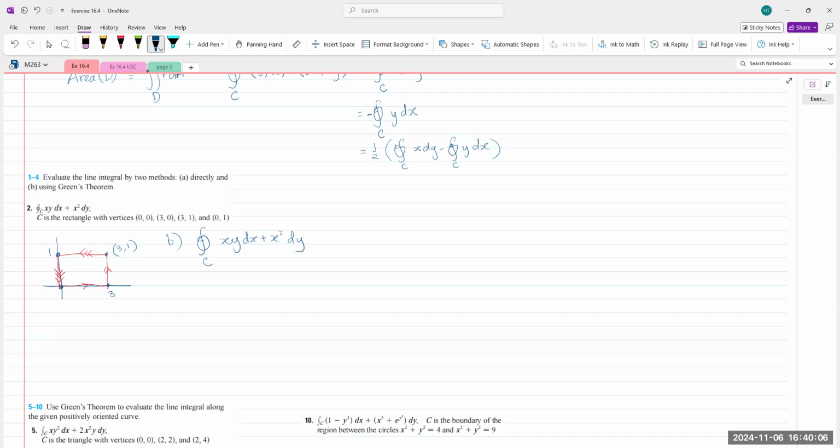Notice that this is the same as the integral over closed curve C of the vector field (xy, x squared) dotted with (dx, dy), where this is our vector field F and this is our dr. Now, according to Green's theorem, this is equal to the double integral over the region D it encloses of Q sub x minus P sub y dA.